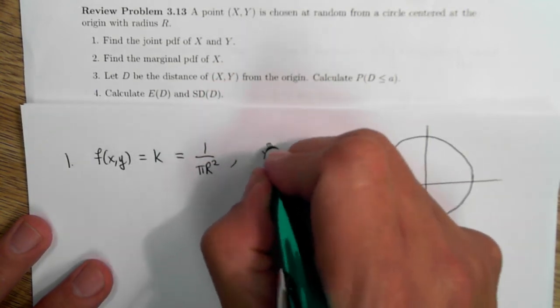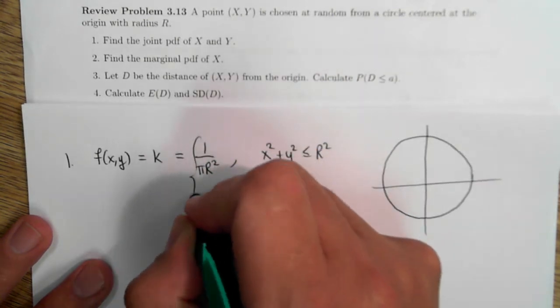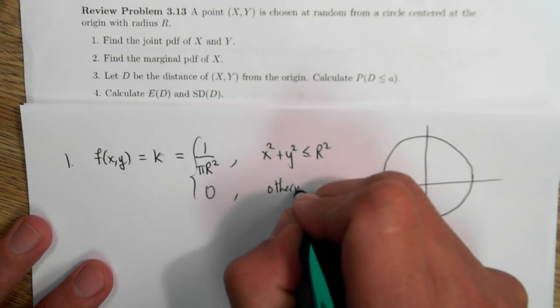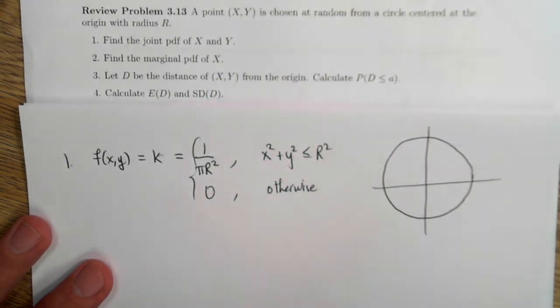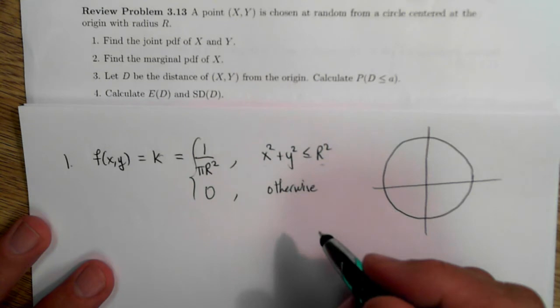This is true as long as x squared plus y squared is less than or equal to r squared. And of course, it is equal to 0 if you choose a point outside of the circle. So it's uniformly distributed, and that's going to be the PDF: my constant value as long as I choose a point inside of the circle.